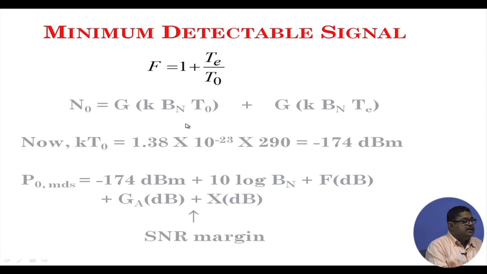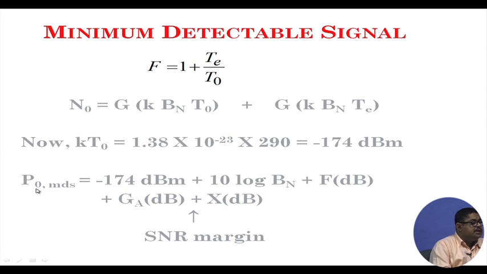Now, k is the Boltzmann constant and T0 is 290 degrees Kelvin; in Europe, America and other advanced countries, the standard is fixed at 17 degrees centigrade, which is 290 Kelvin. So this is a constant term, and it turns out to be minus 174 dBm.